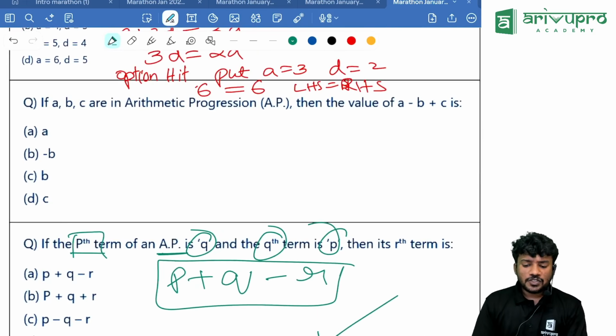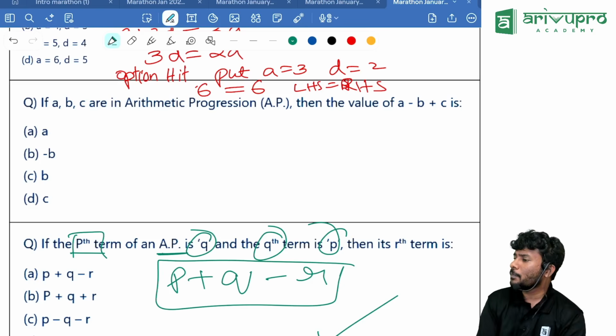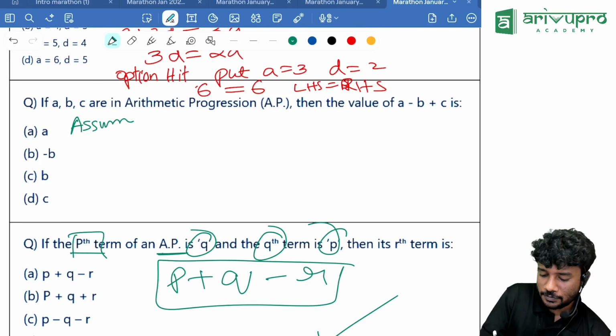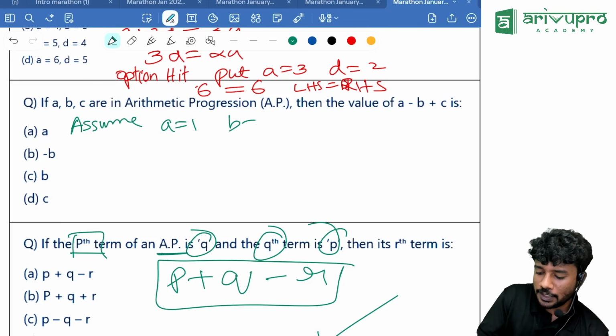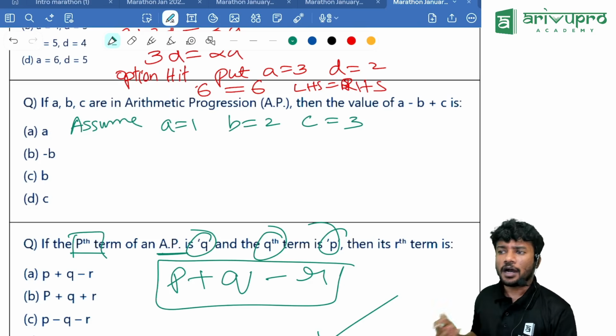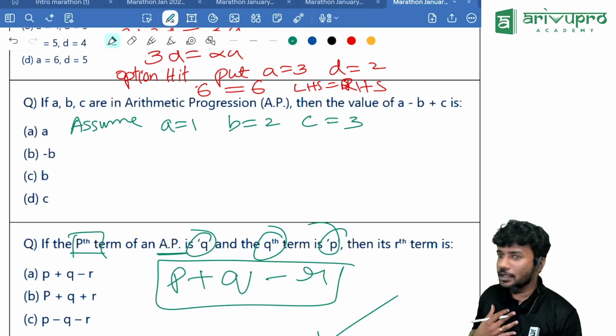A, B, C are in AP. Then the value of A minus B plus C is how much? What is the easiest method? Assume A is equal to 1, B is equal to 2, C is equal to 3. How can I assume that? Because they are telling A, B, C are in AP, so 1, 2, 3 are in AP.